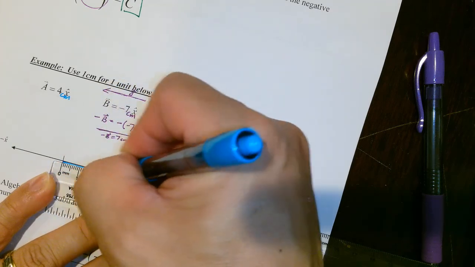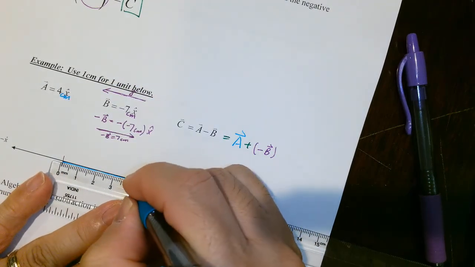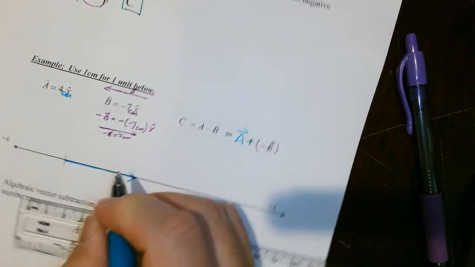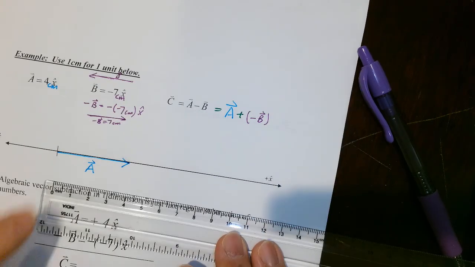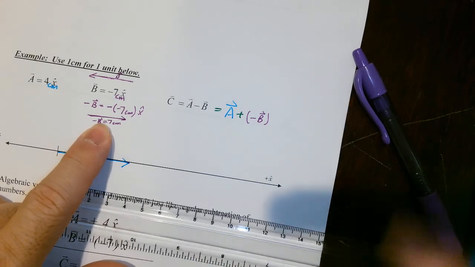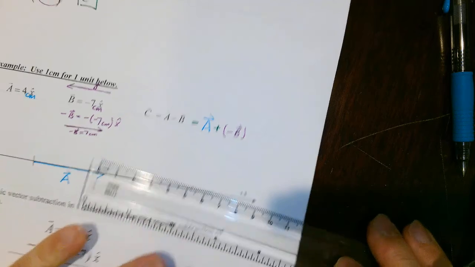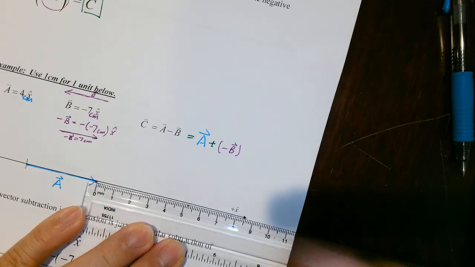So here is my a vector. And I'm going to add my negative b vector, which is 7 centimeters in the positive x direction.